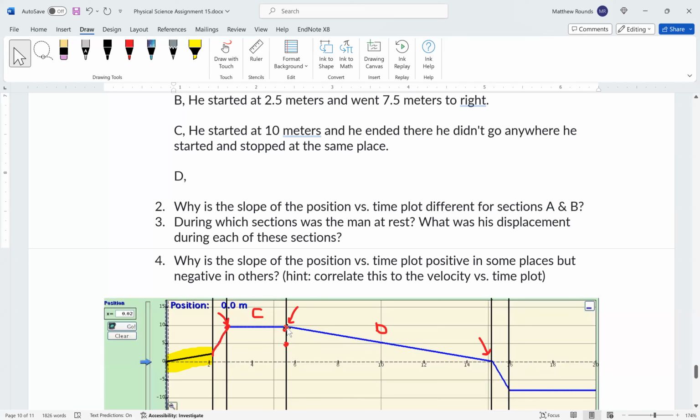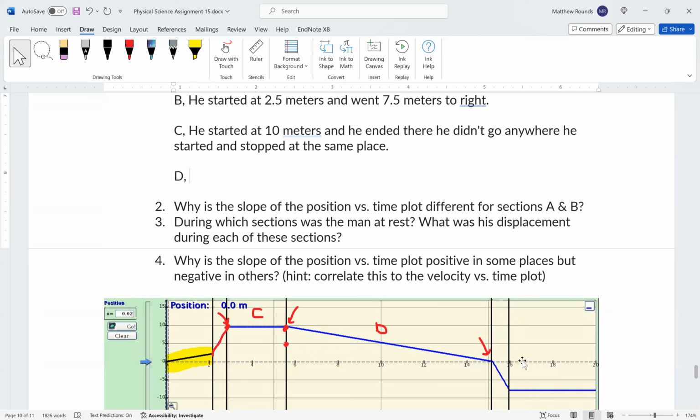What's the distance? The distance is 10. And what did he end at? 14.5. The Y value.